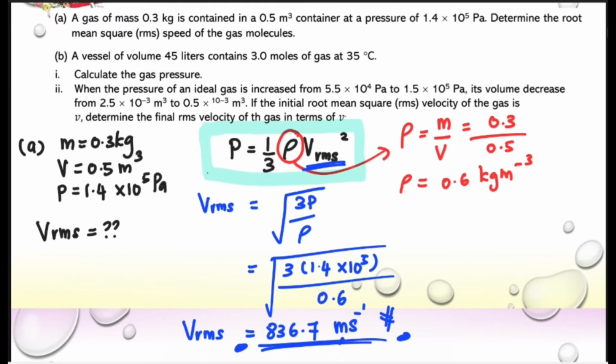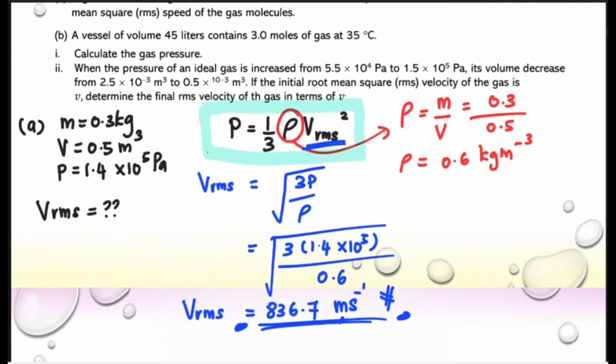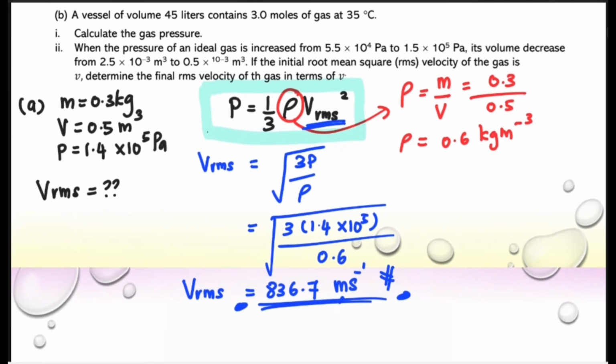Alright, and then let's proceed to the second part, which is part B. Here we have a vessel of volume 45 liters that contains 3.0 moles of gas at 35 degrees Celsius. We want to find the gas pressure. Here we have the volume, the number of moles, and the temperature.